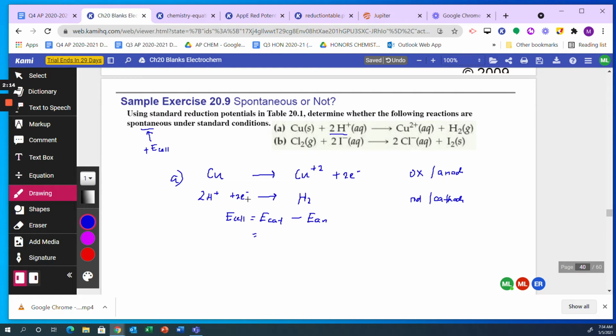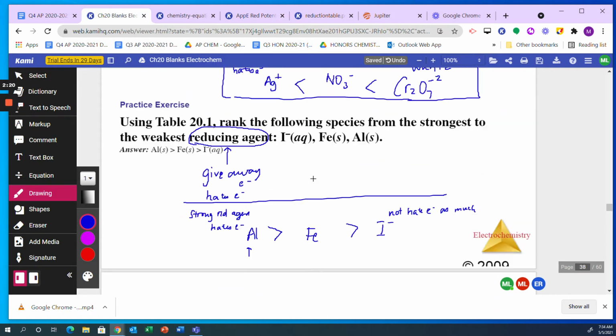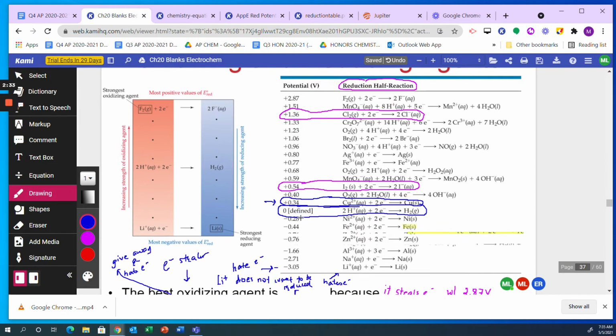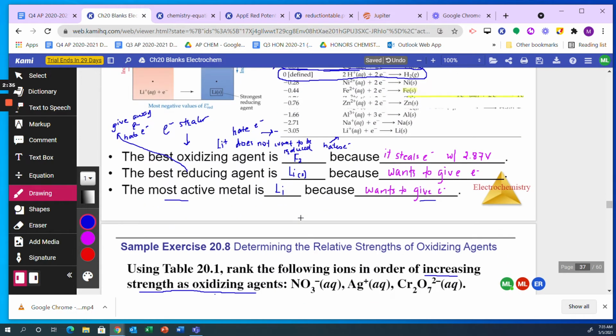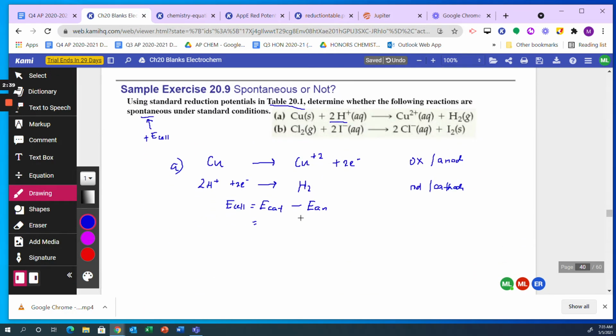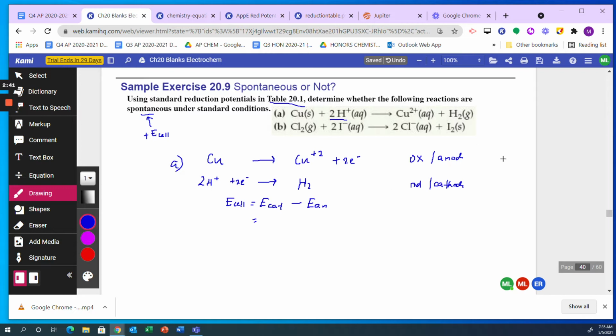So all we have to do is look in the chart. I'm going to use table 20.1 for copper becoming copper plus 2. So it's up here. So there it is. For copper to become copper plus 2, this is going backwards. So it's positive 0.34.